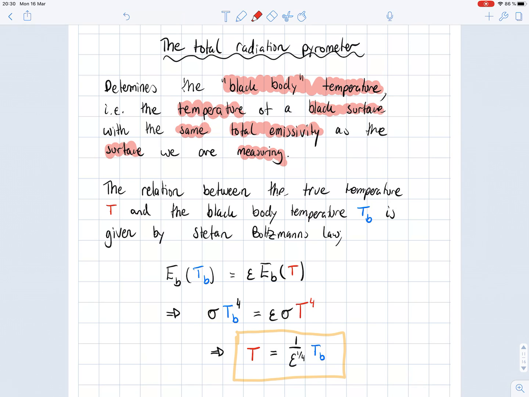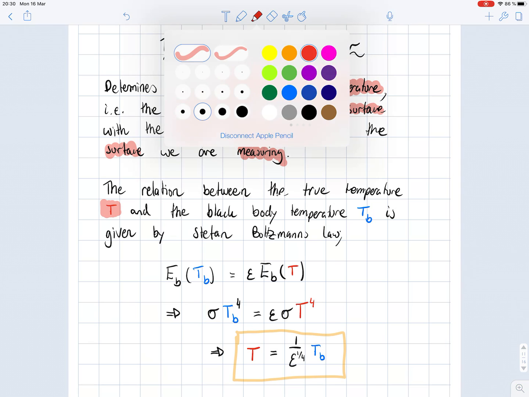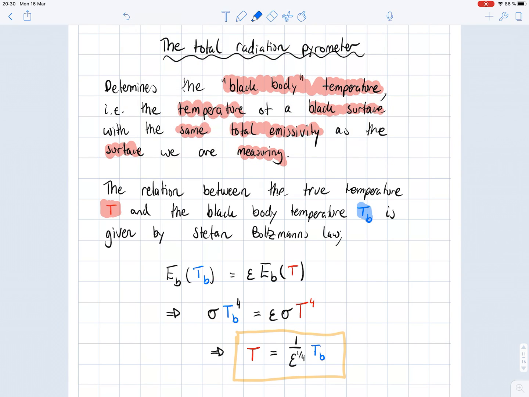So what we will use is a relation between the true temperature, T, so that's the actual temperature of the surface, which we'll color in red in the following, and the black body temperature, which we'll call TB, which we'll color in blue. Both of these are then assumed to be given by Stefan-Boltzmann's law.